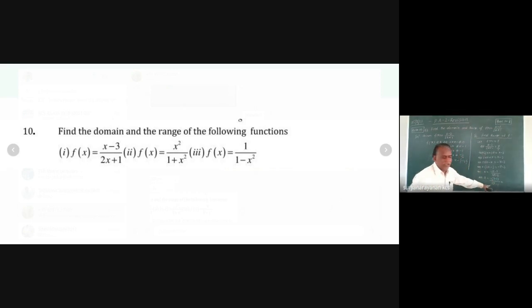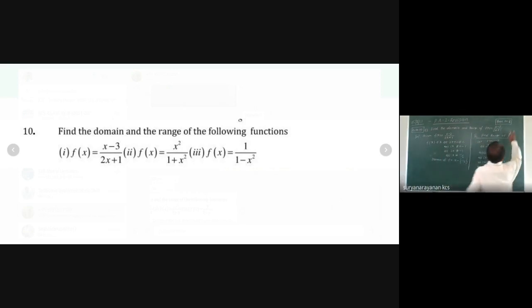If you take minus 1 to the denominator, it becomes y minus 3 by 1 minus 2y. So we wrote the value of x in terms of y. This is a function in y. It should be a real number. This also should be a real number.